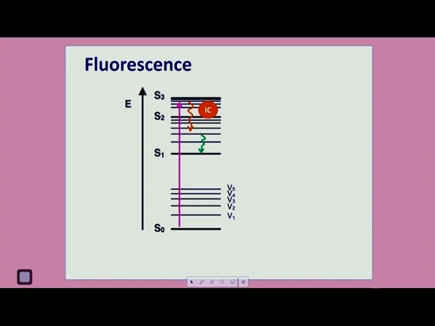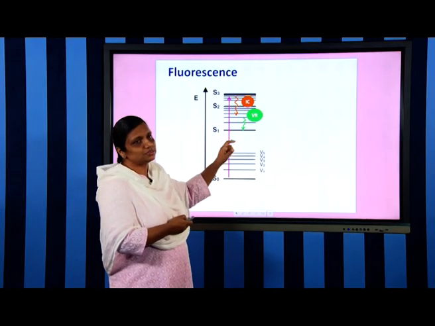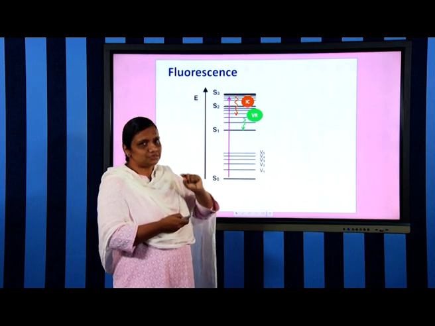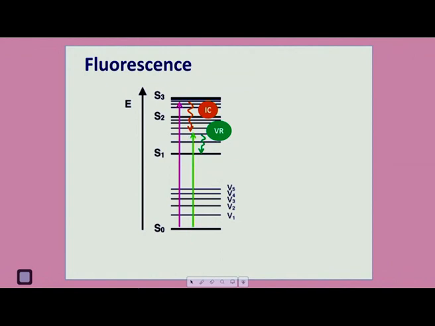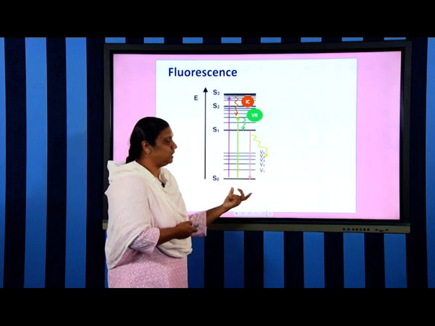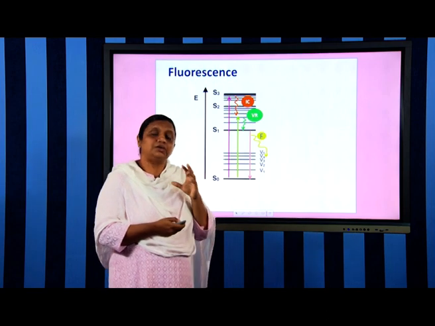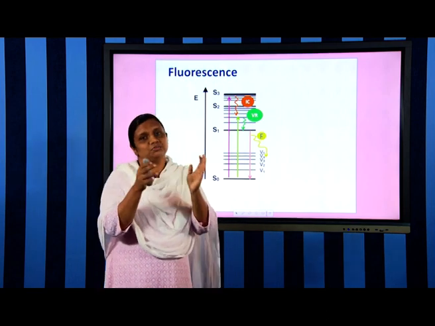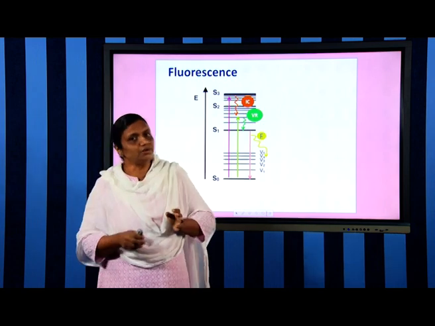After vibrational relaxation, from the lowest vibrational level of the first excited state, the electron can come down to the lowest or another vibrational level of the ground state. And when this happens, if there is emission of radiation, then we say that it is fluorescing. That radiation must fall within the UV visible range, that is, the wavelength must fall between 200 to 800 nanometers.